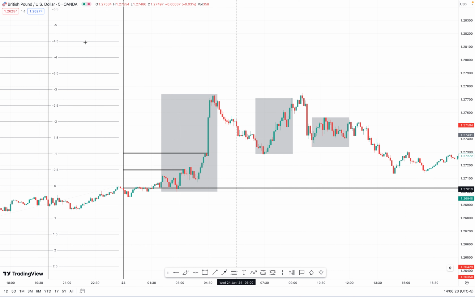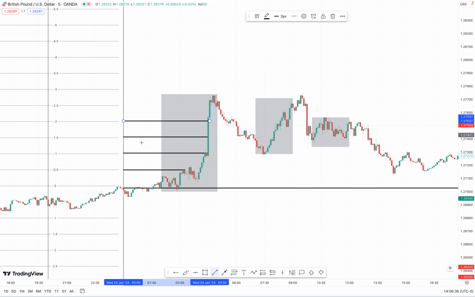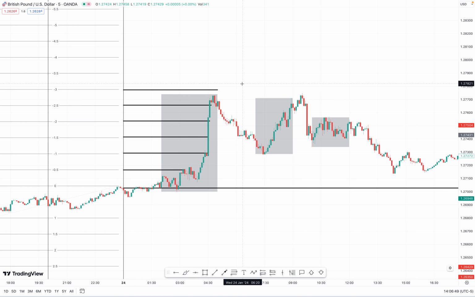No fair value gap down. This is all on the 5-minute chart, guys. Hits 1.5. No fair value gap. Hits 2. No fair value gap. Hits 2.5. No fair value gap down. Hits 3. Doesn't hit 3 at all. Okay.